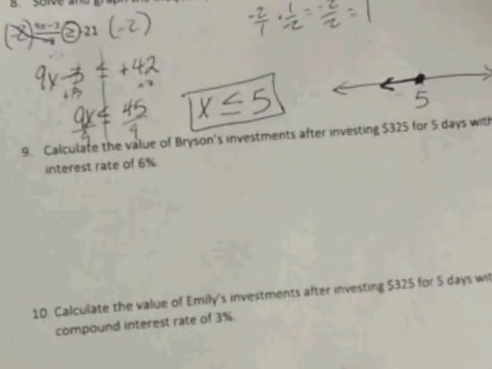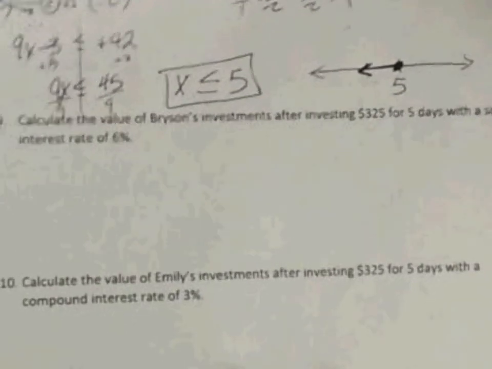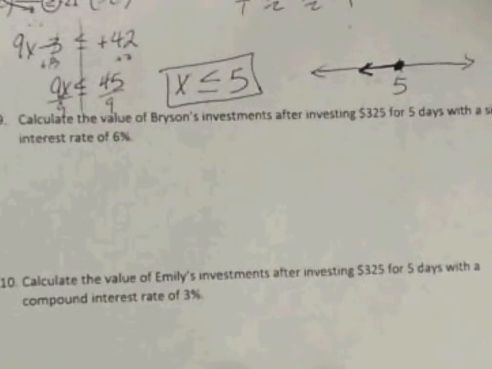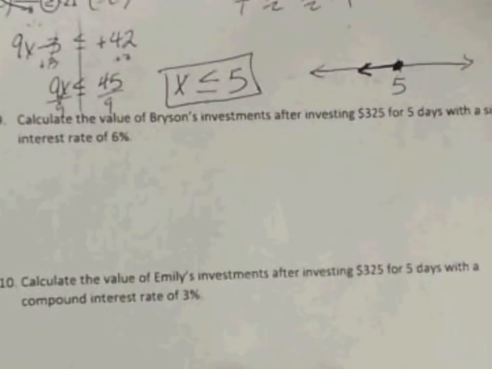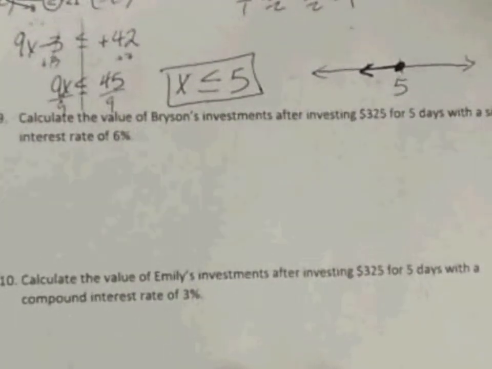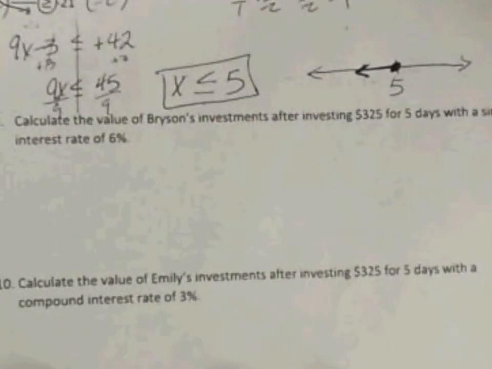Okay, so now we have: evaluate the value of Bryson's investment after investing $325 for 5 days with a simple interest rate of 6%. So we're assuming that this interest is added daily, okay?